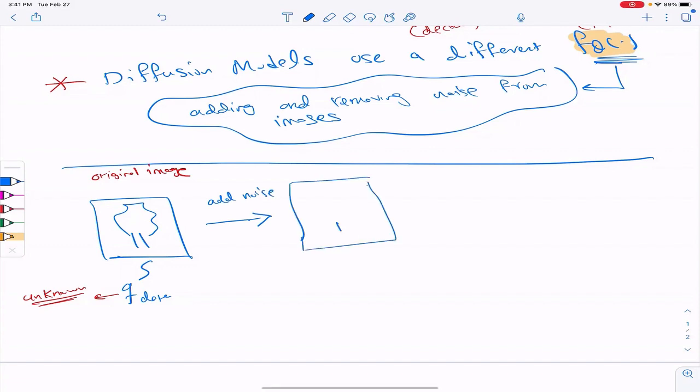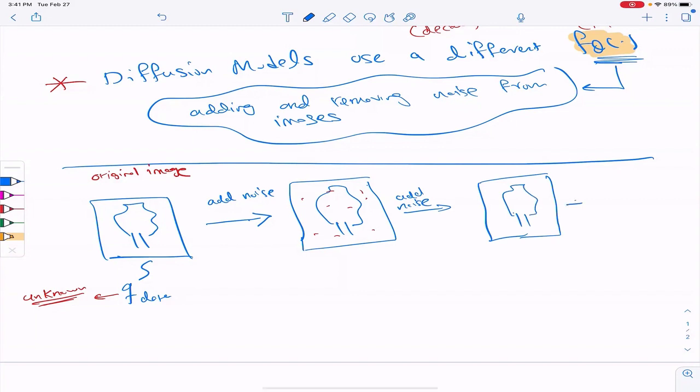Here you have your tree, but maybe with some noise on top of it. Then you add more noise, or add noise to the noisy version, so you get a noisier version of your image.